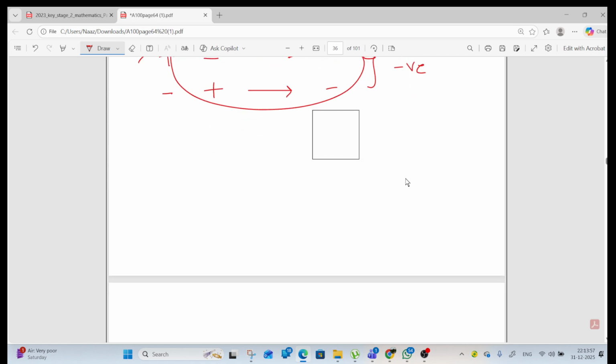Let's see some examples. Let's say I have negative 4 plus 7. If you have two signs next to each other, we need to change them into a single sign.